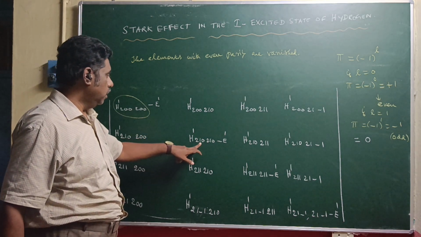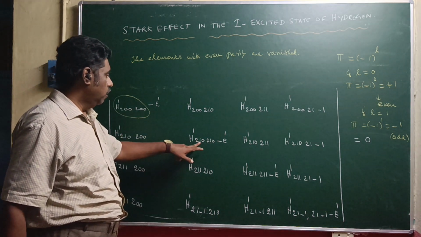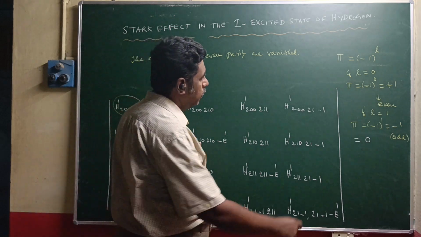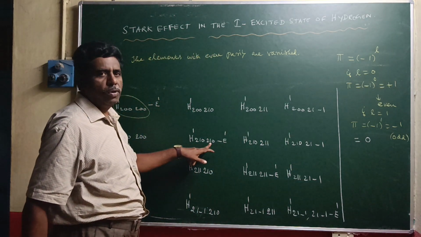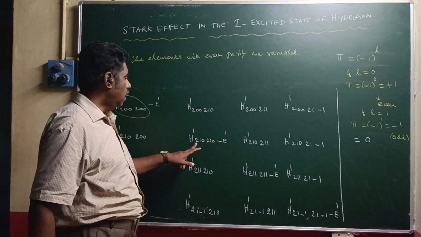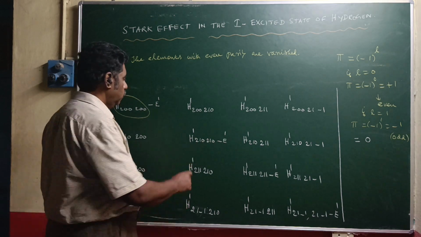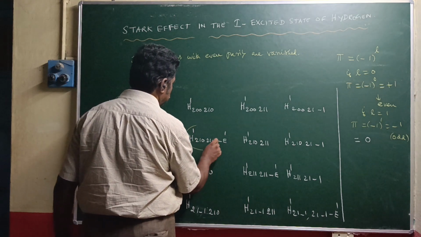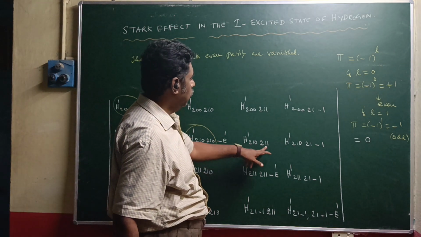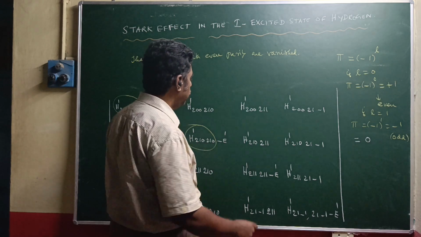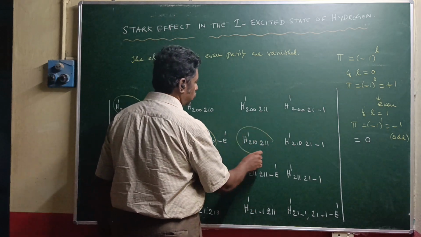Here L equal to 1, L equal to 1. For L equal to 1, the parity is odd. Here also L equal to 1, the parity is odd. Odd into odd, even. So this term is vanished. Odd parity into odd parity, so even. So this term is vanished.